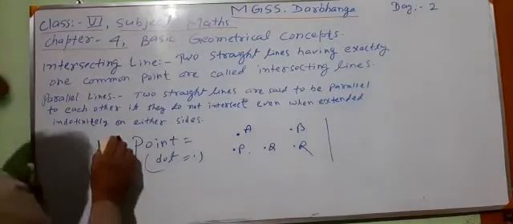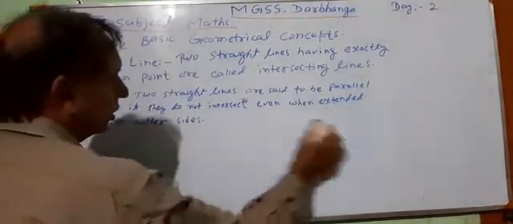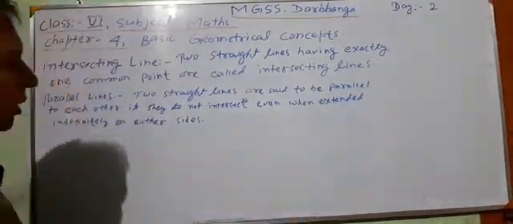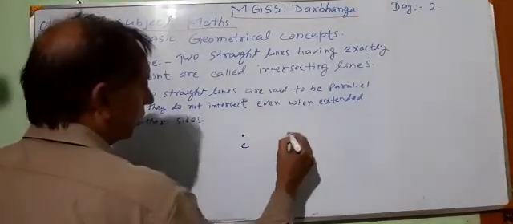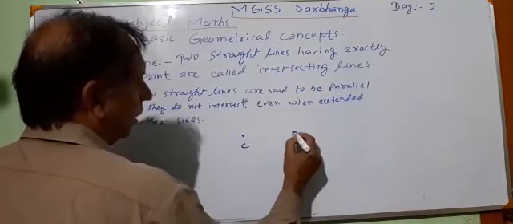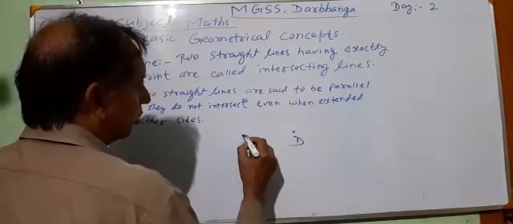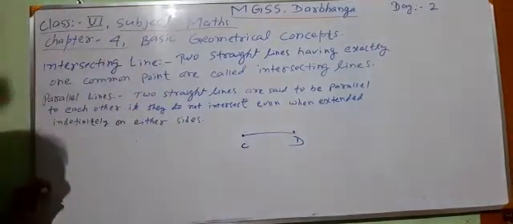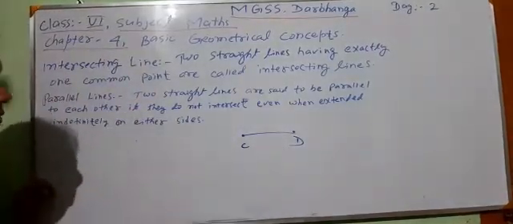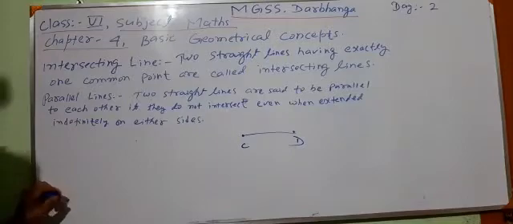Second, we have read about what a line segment is. Suppose these are 2 points, point C and point D. The shortest distance between 2 points is known as a line segment.